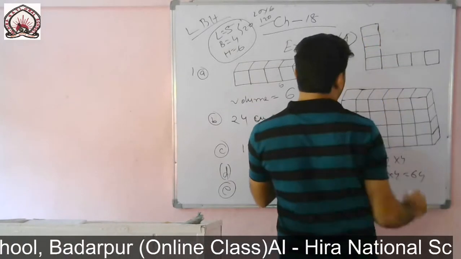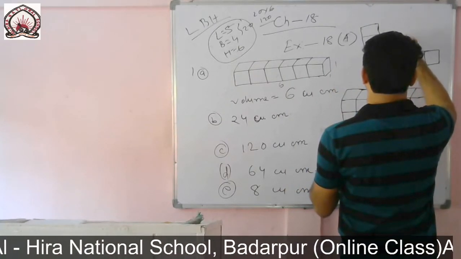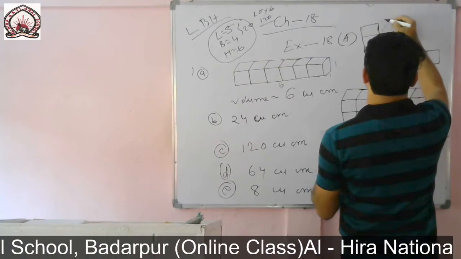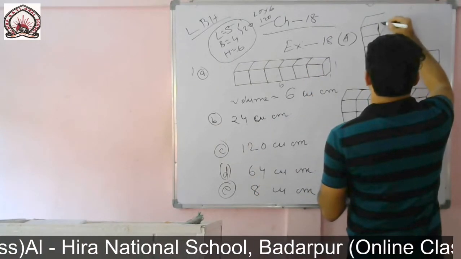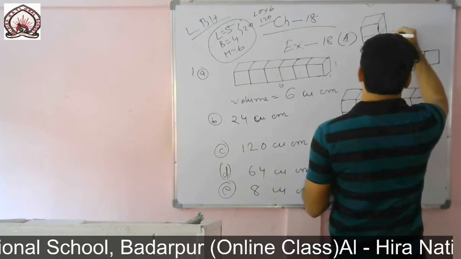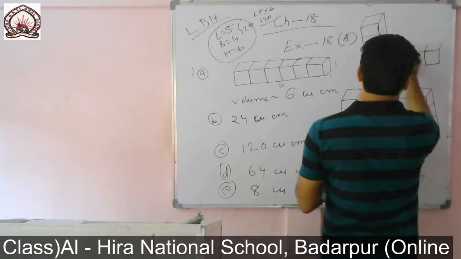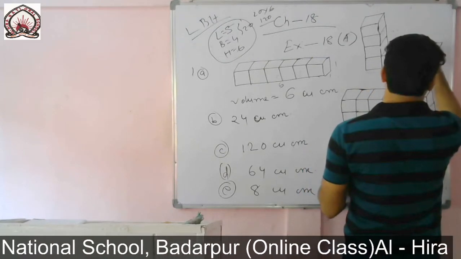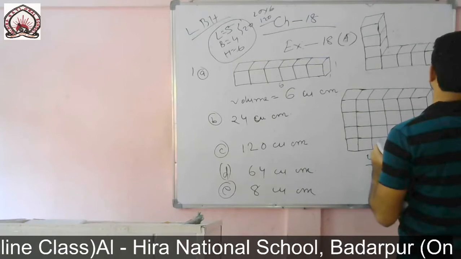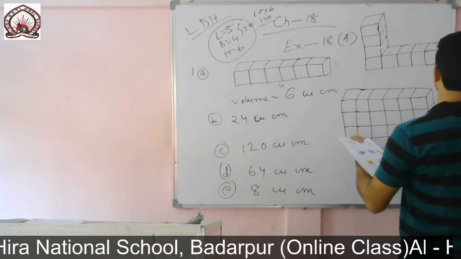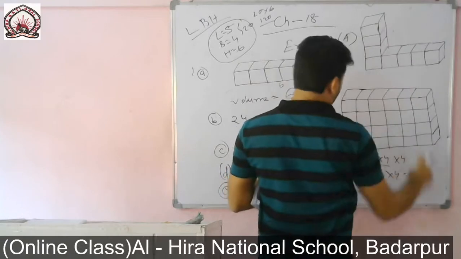You see the diagram at your book. Okay, so 1 2 3 4 5 6 7 8, so you can write 8.